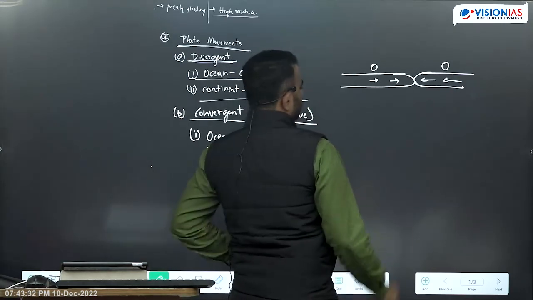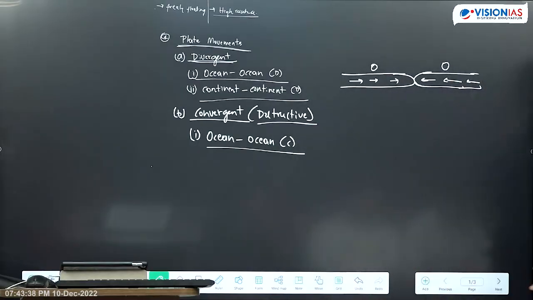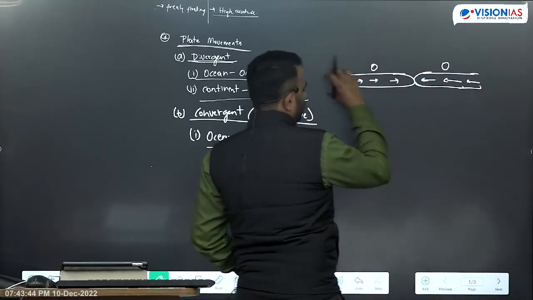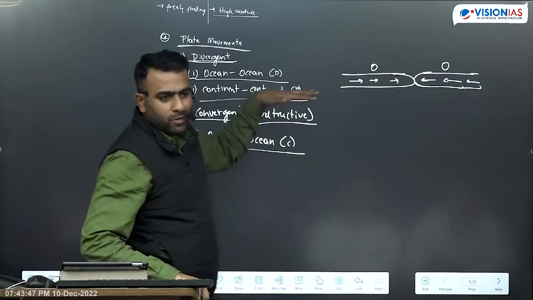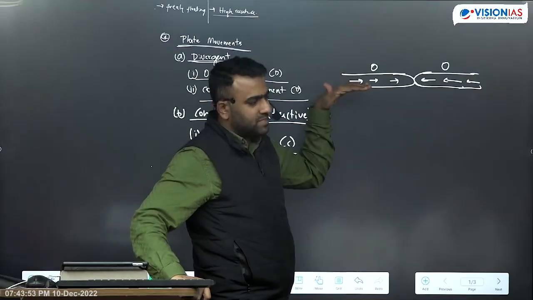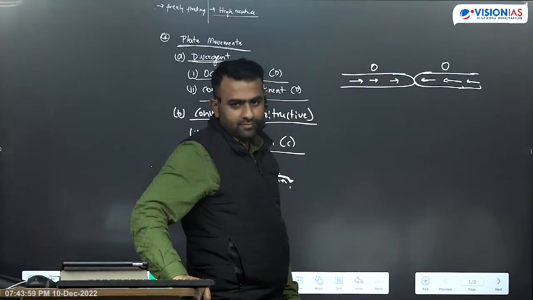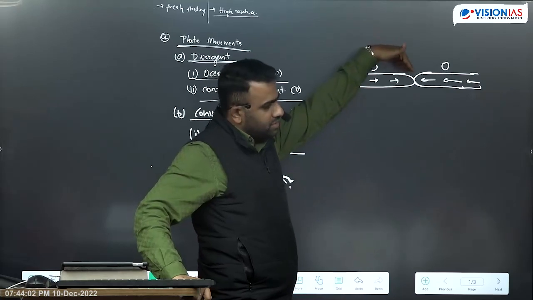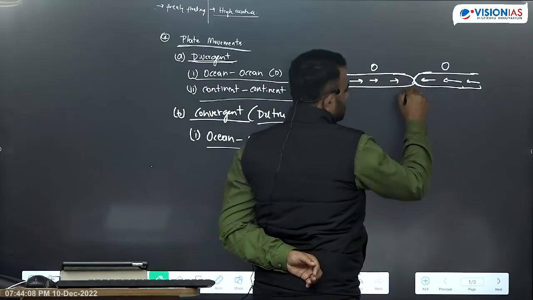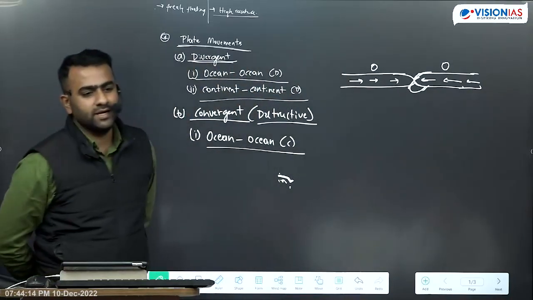Whenever two oceanic plates converge towards each other, अगर दो प्लेट कन्वर्ज हुआ तो यूजुअली the lighter one has more buoyancy, that is more floating capacity. Among these two, the lighter one will thrust the heavier one downwards. दोनों ओशनिक है, बट इसका मतलब ये नहीं है कि दोनों exactly similar density होता है.